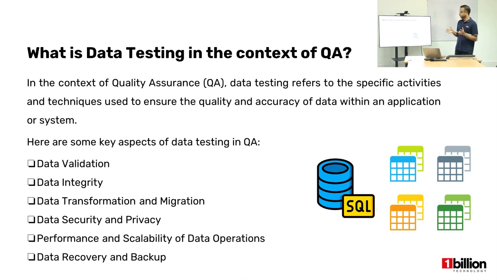Let's say you have a SQL database and another, a MongoDB or some other DB. In order to migrate this data, we need to be sure that whatever comes from the earlier DB also goes to the next DB with accuracy. I will explain that in the later slide.